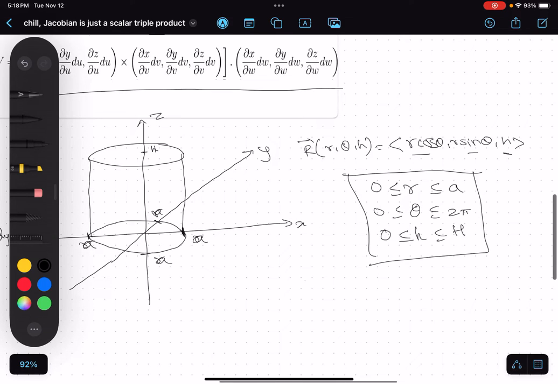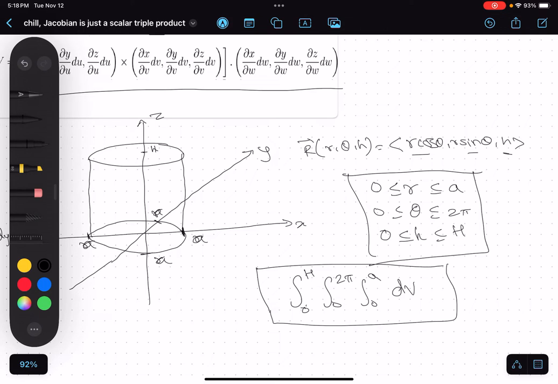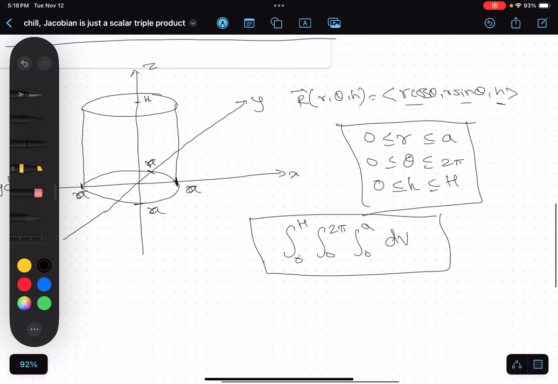If you want to integrate it, it's easy this time: height goes from 0 to h, theta goes from 0 to 2 pi, radius goes from 0 to a of dv, right? So it's easy to integrate, so we prefer parametric equations in this case.